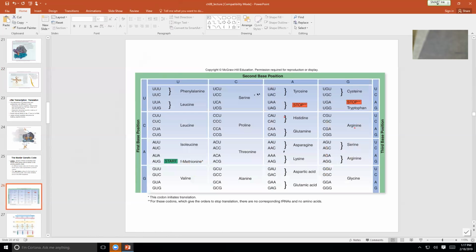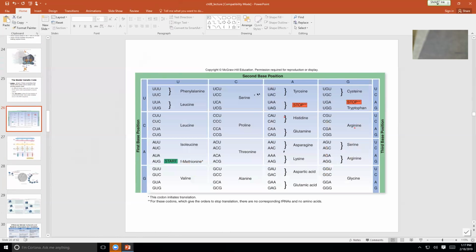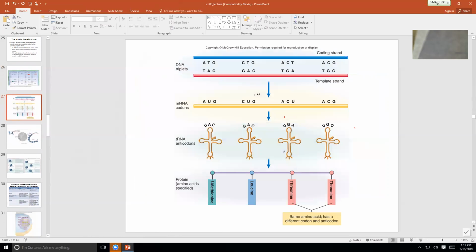And we know that by looking at the genetic code. So how do you feel about this? We've got this DNA sequence. We know the RNA codons are going to code for particular anticodons, which are just transfer RNA, holding on to amino acids.